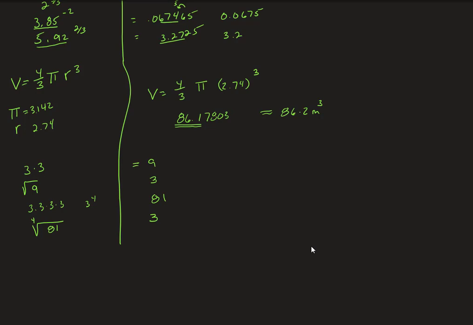So the fourth root, which is this thing right here, of this number is going to equal this number. Now the square root sign is what we call the radical sign. 81 in our example down here is what we call the radicand. And our 4 up here is the index.